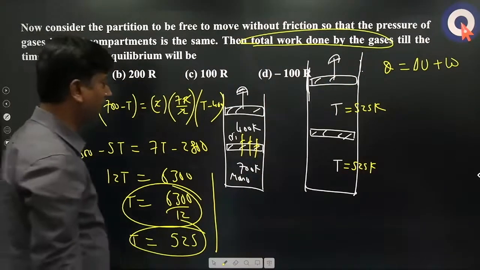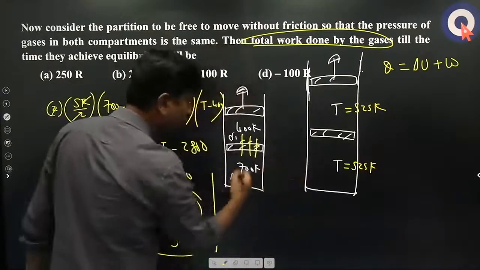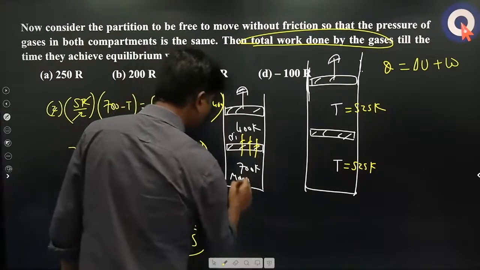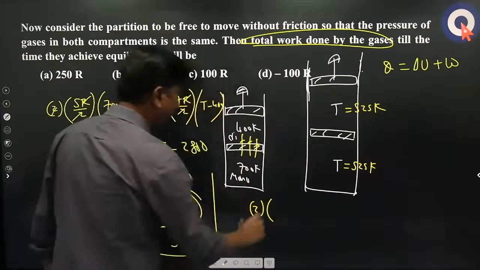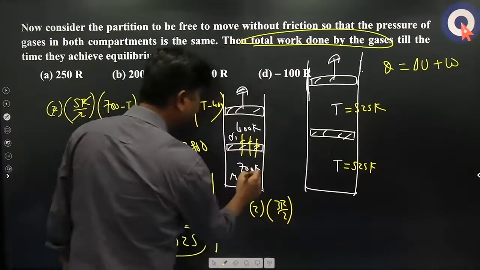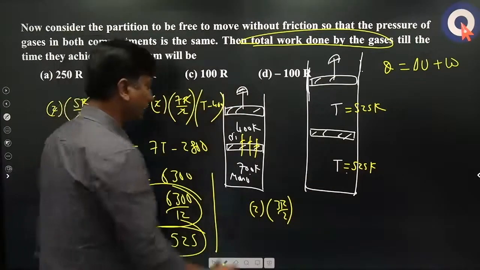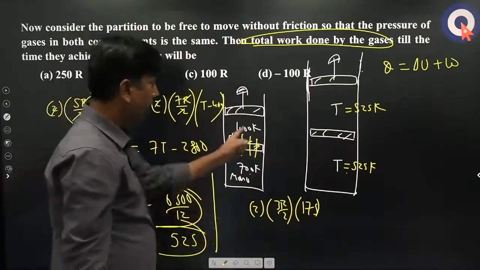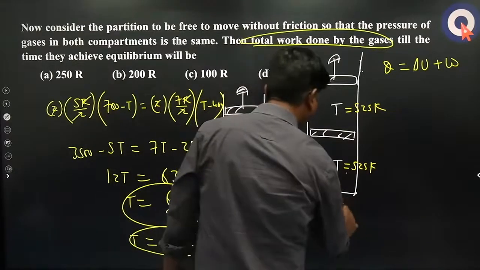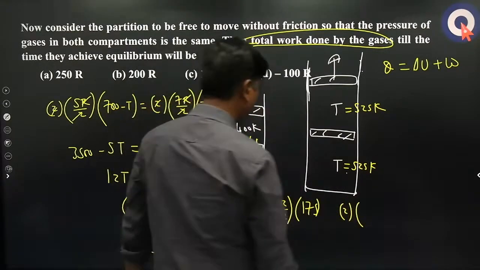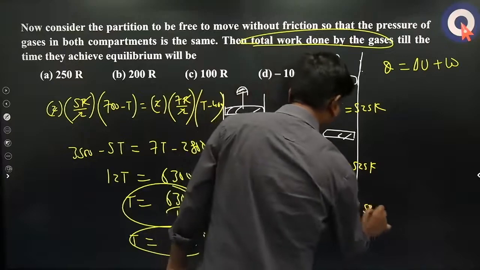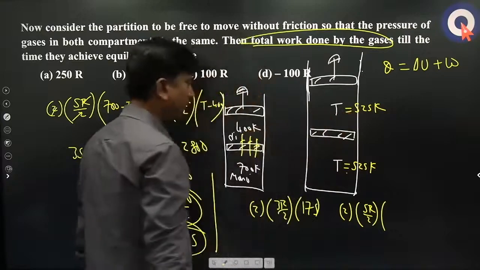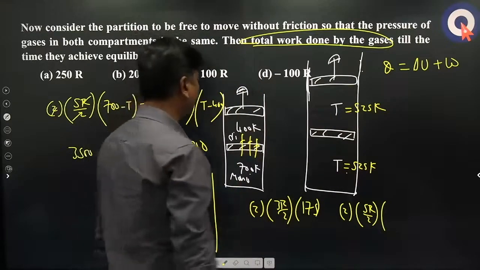So total work done will be, first this gas will lose the internal energy, which is nCv delta T. Monatomic gas, 2 moles, what is the Cv value? 3R by 2, delta T 700 minus 525, that is 175. This much internal energy it has lost. This has gained some internal energy, n Cv of the diatomic gas 5R by 2, delta T, 525 minus 400, so it will be 125.